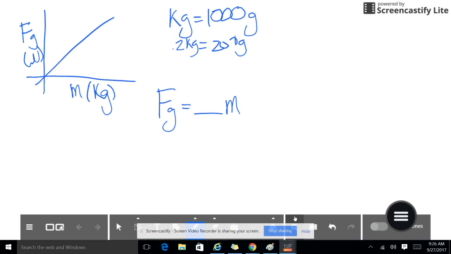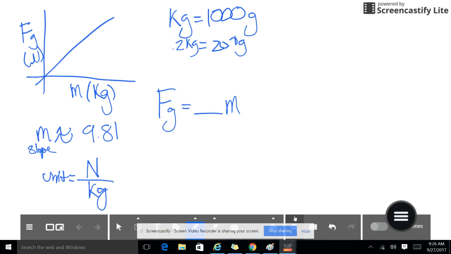You should have gotten a slope value very close to 9.81. Now, what's the unit? We need to do our rise over run. So our rise is newtons, and our run is kilograms.